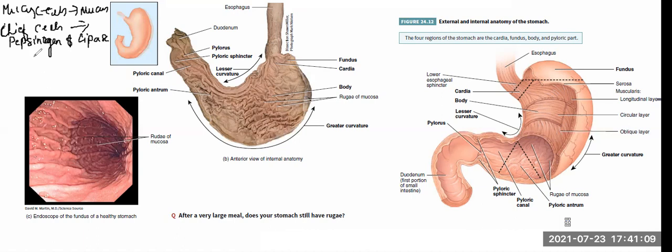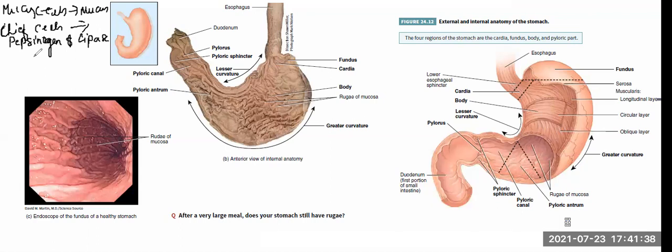And pepsin helps in digesting your proteins, right? So early digestion of proteins starts in the stomach. Most important thing: early digestion of protein starts in the stomach, and they get digested into various peptones and other polymers of amino acids, right?